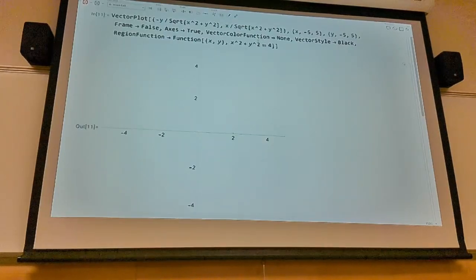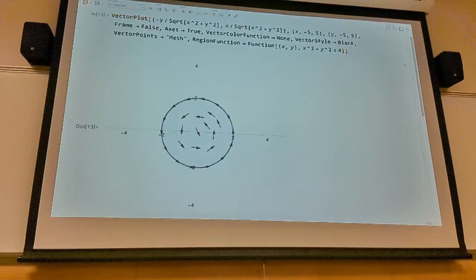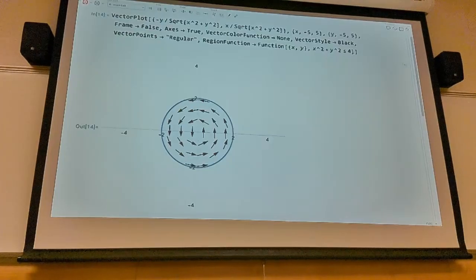Oh, you know what? I bet it's because this is supposed to be this. Yep, that's what I wanted. I didn't just want it on the boundary of the circle, I want it on the entire circle. What would it look like if I do regular? Kind of like that one better for being on the circle.